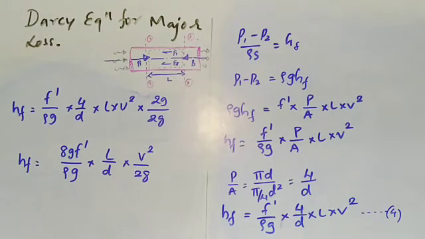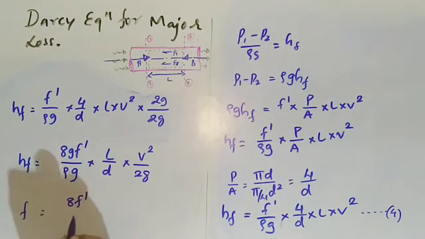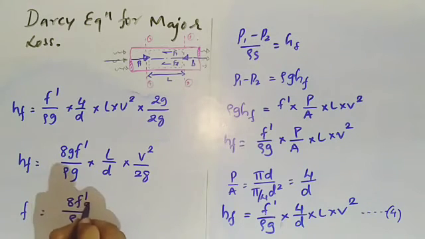Now again, if I simplify this, we know that the frictional factor F is given by 8 F dash g divided by rho into g.